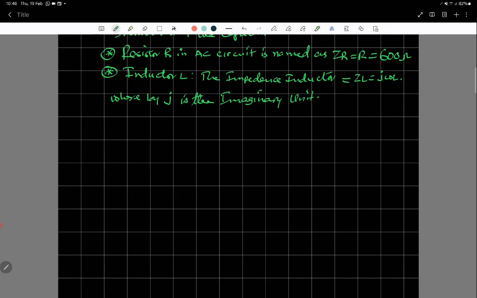So here we have the inductor represented as JW times 3.2, which is equal to J 3.2 omega.